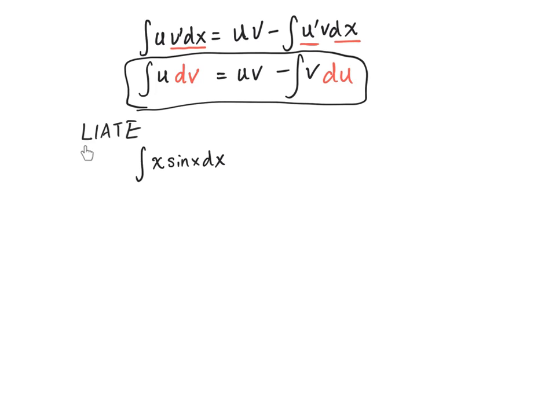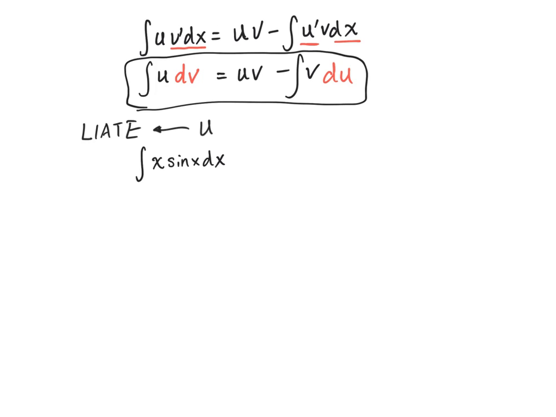If you see a log function, L, I means inverse trig, A means algebraic, T means trig function, E means exponential. So you want to set your u in the order shown here.